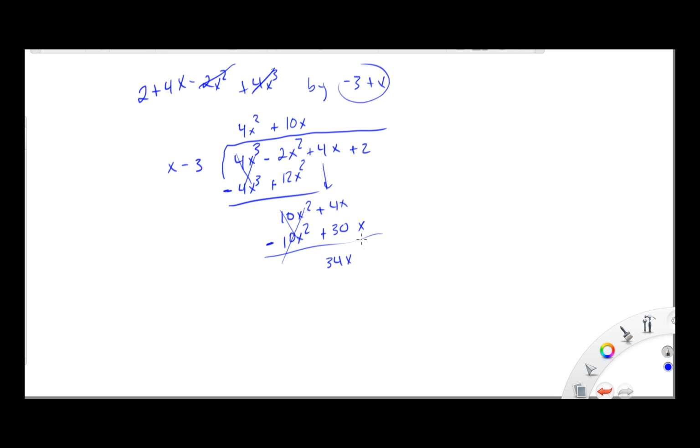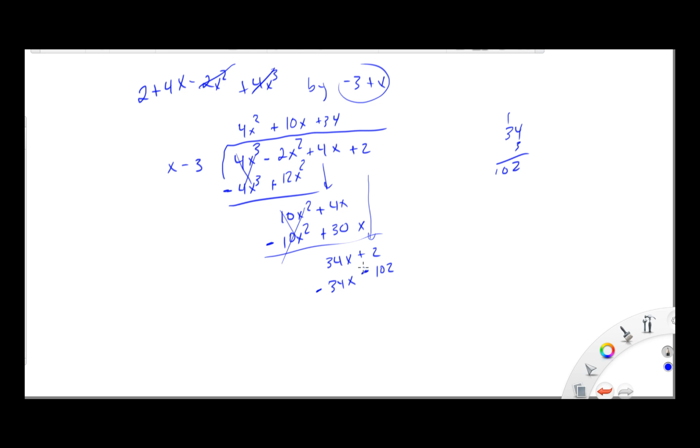Now I've got 34x plus 2. So I'm going to say plus 34. 34 times x is 34x, and then 34 times a negative 3. Gotta do this. That's 102, but it's a negative 102.